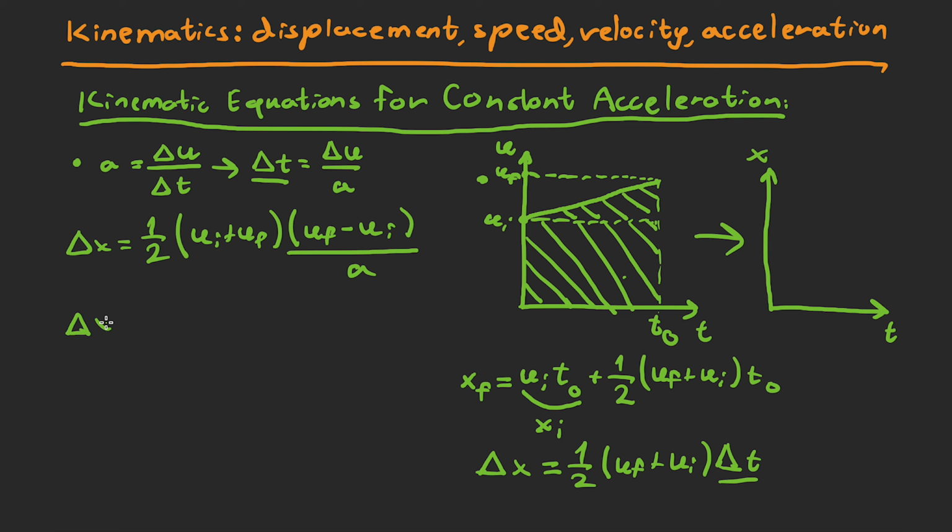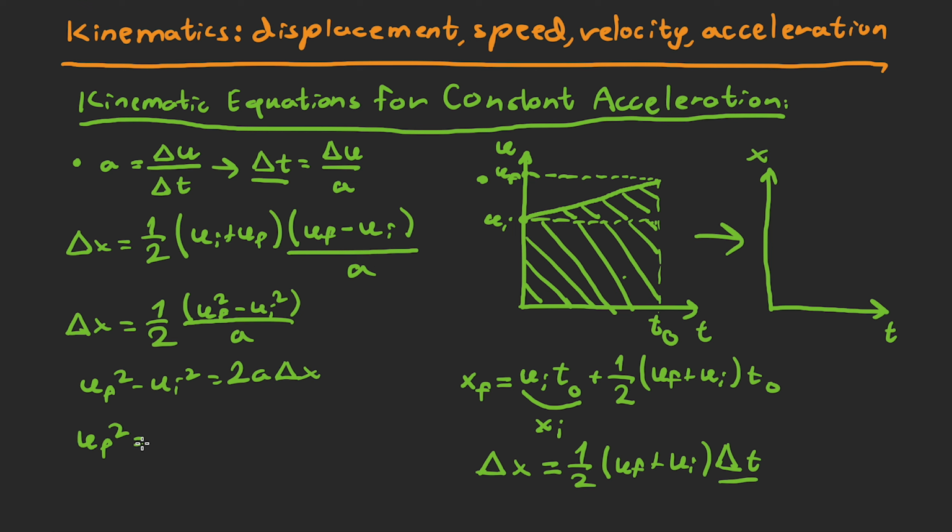Now let's go further with this. This is equal to v final squared minus v initial squared, right? You see that? Divided by acceleration. Now we can say that v final squared minus v initial squared is equal to 2a times delta x.